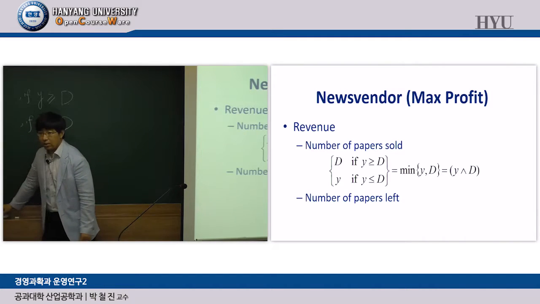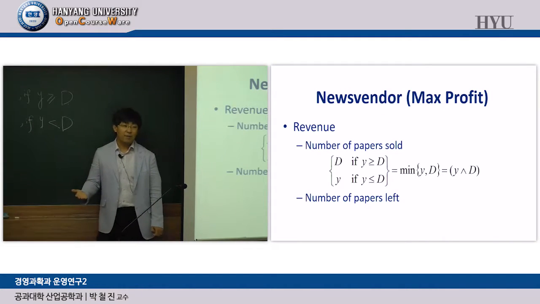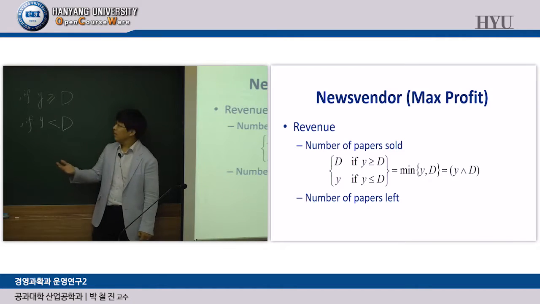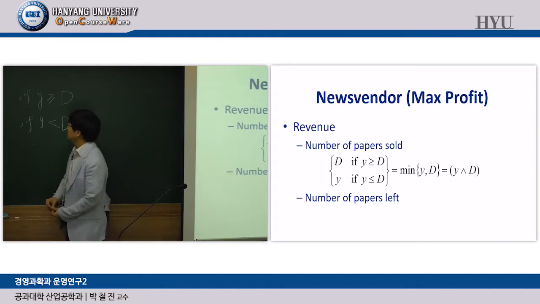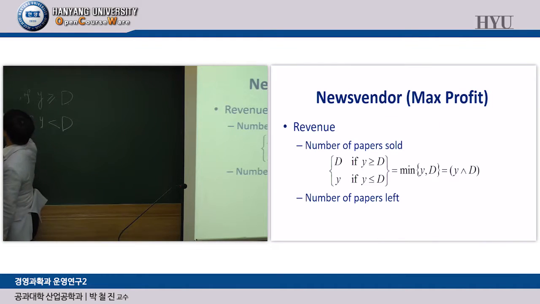When the number of newspapers we have is greater than or equal to the demand, then the number of leftover newspapers might be Y minus D, right?